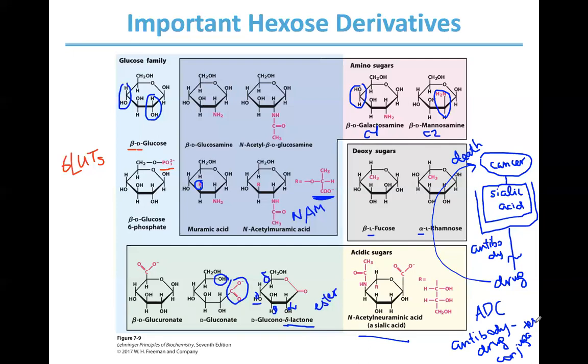Right. And so the only problem with ADCs is, they work extremely well, but there are two problems. One is obviously the cancer cells develop resistance very quickly. And secondly, the technology is very expensive, right? So basically you have to raise an antibody against sialic acid, for example. Antibodies have been raised against other markers on top of cancer cells.